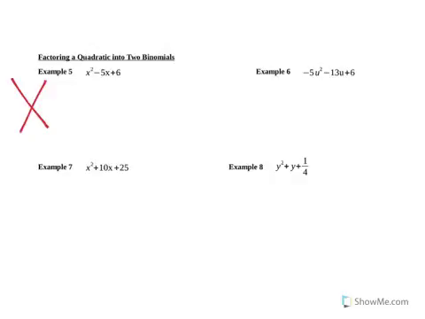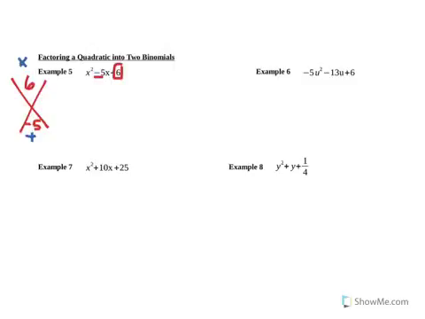factoring. In this problem, we take the last term, 6, and the middle term, negative 5. We're trying to think of two numbers which multiply to give us 6, but add to give us negative 5.